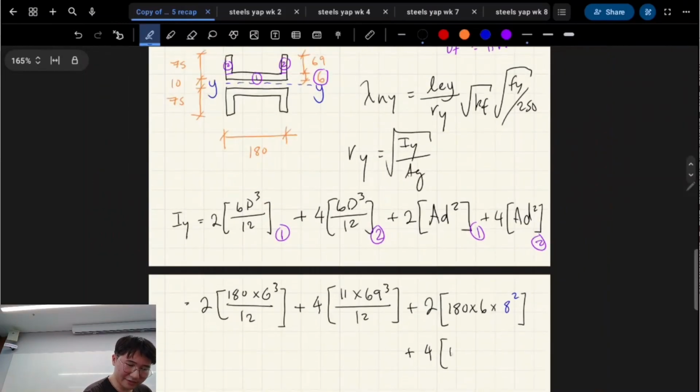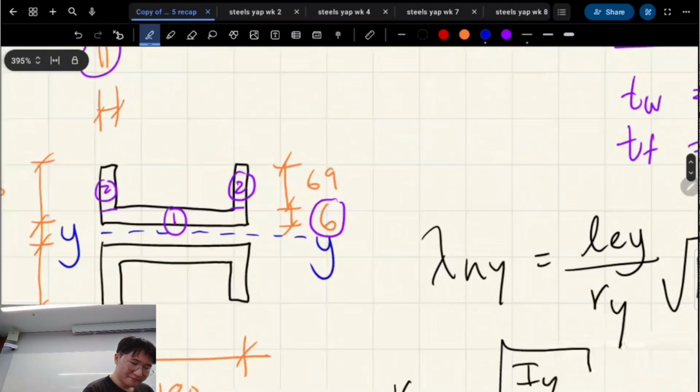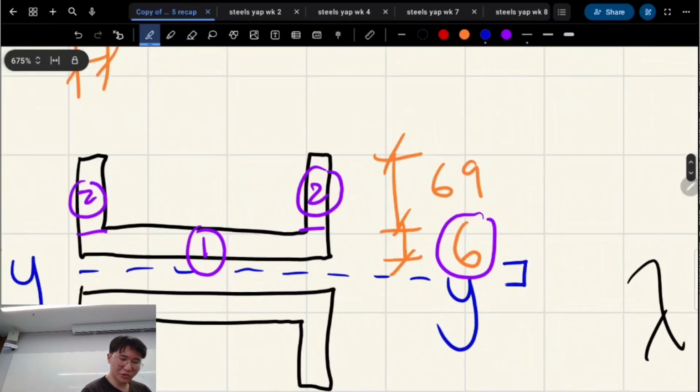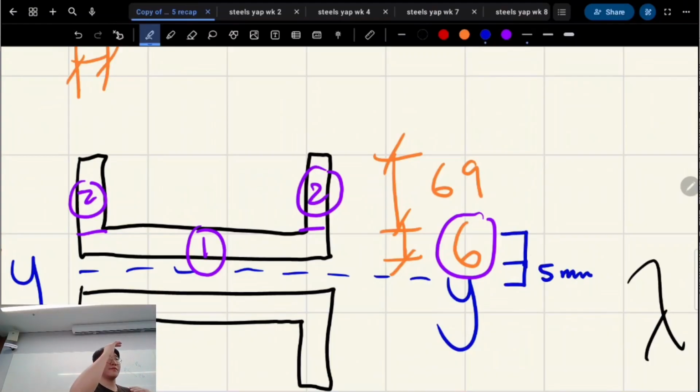And then we also have 4 lots of the other one to shift. We have 11 times 69 times, from centroid to the end of that opening, that's 5 mil. The entire web, 6 mil.